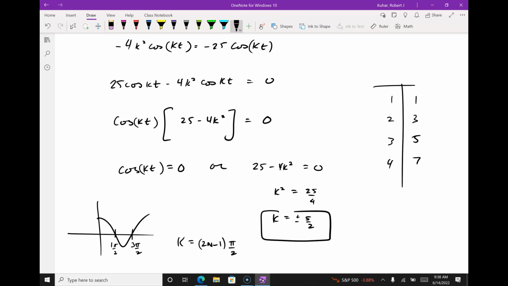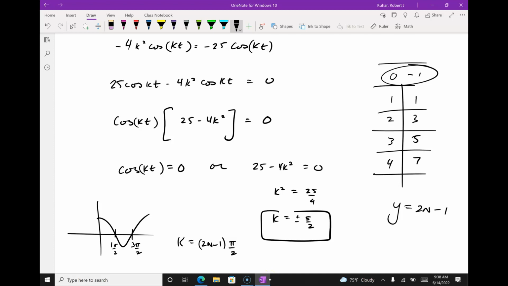That would be a 2n minus 1. There's the b value, and then the slope, of course, to pick any 2 points and you get a slope of 2. You do 2n to make sure it's even, and then subtract 1 to make sure it's odd.